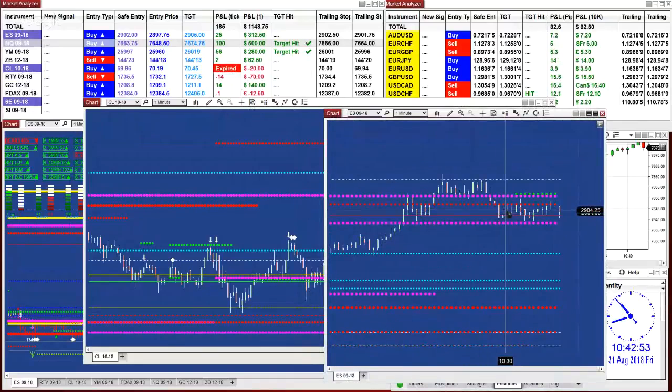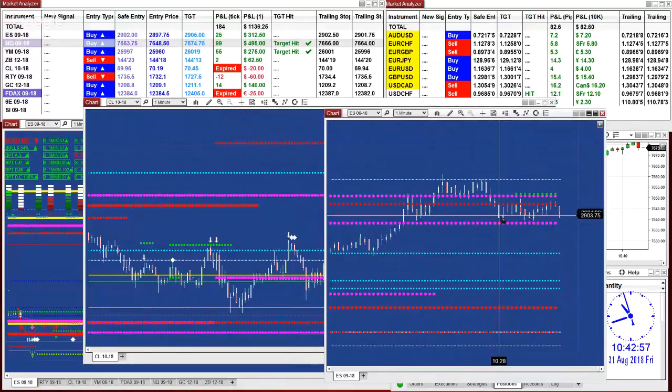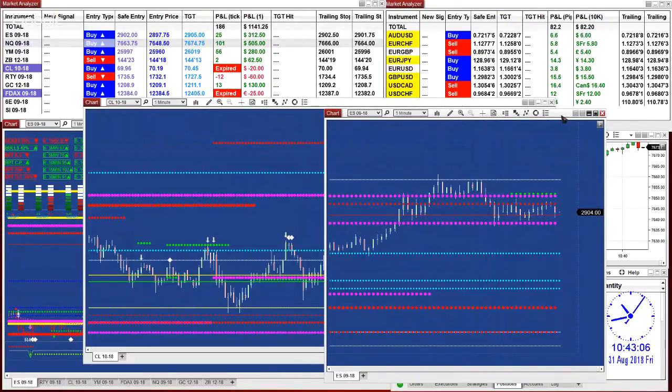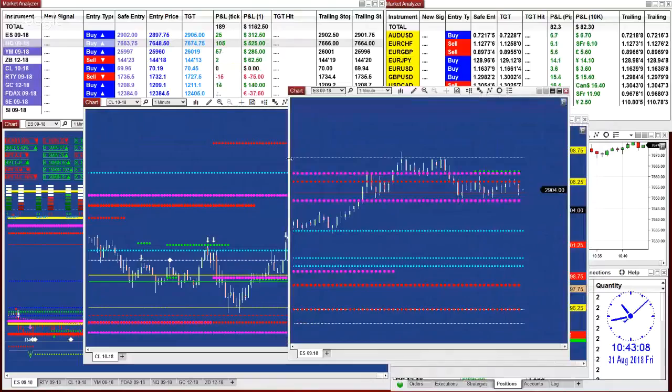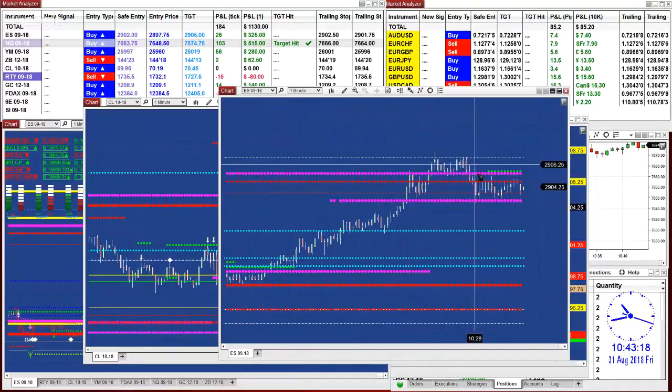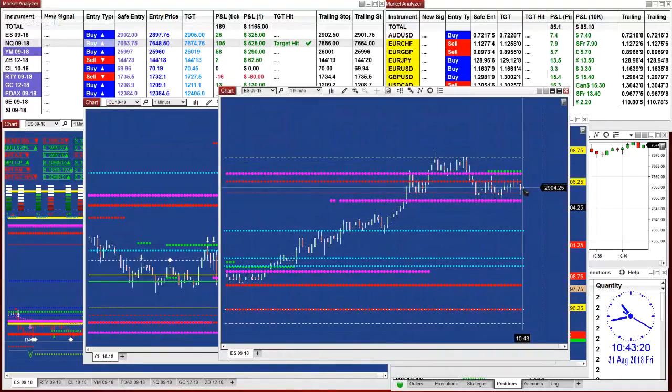If you notice, gentlemen, we've been on the same turnaround, and now it is 10:43. And if we look at the ES, we started the chop at 10:07, and we've never been able to get out of that chop.